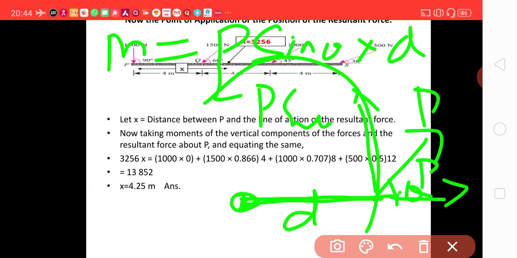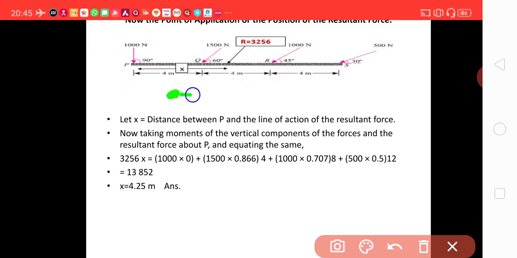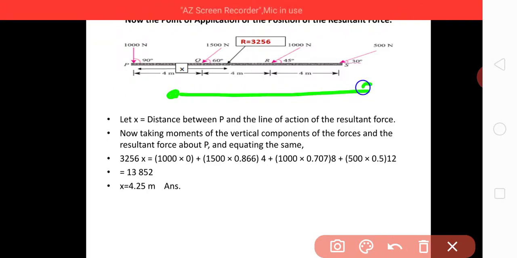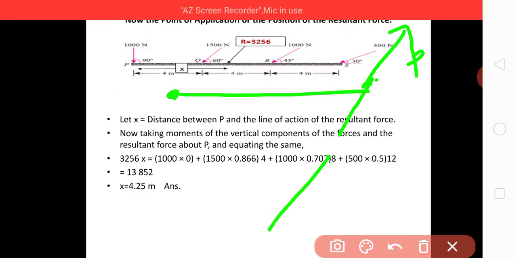But let us take it the other way. This is your point about which this lever will rotate, and this is your force P. Basically, the distance should be the shortest distance on the line of action. This is the line of action of this.